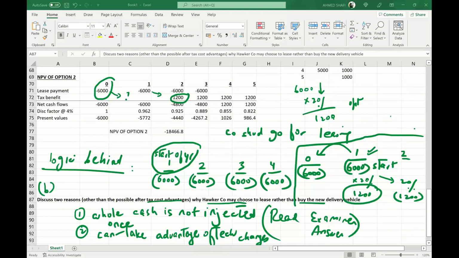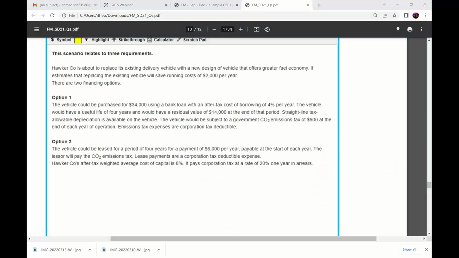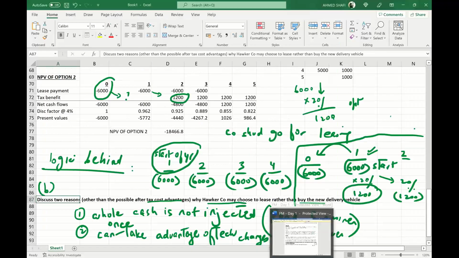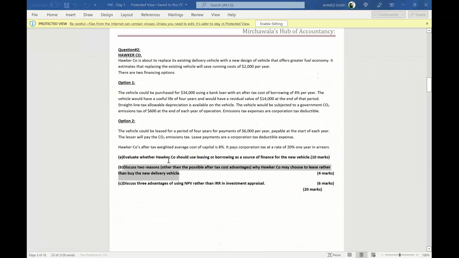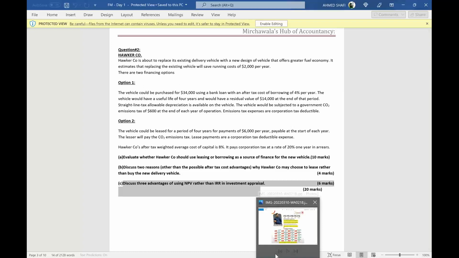Okay, last part now before ending the class. Discuss 3 advantages of using NPV rather than IRR. It's a golden requirement. You can directly learn them from the book.